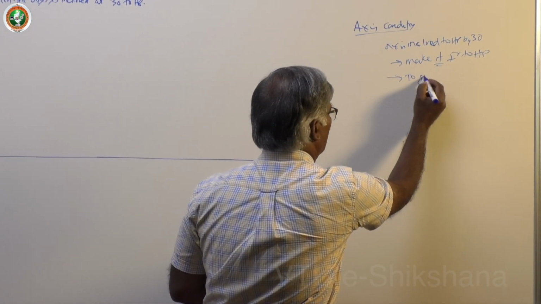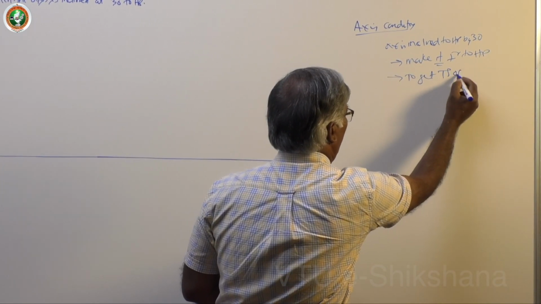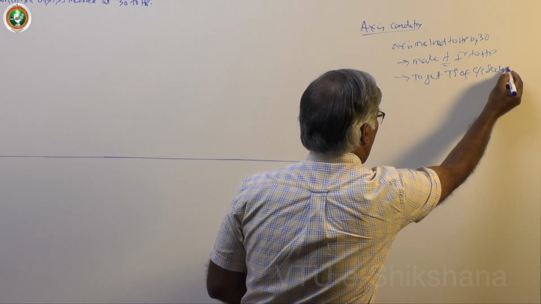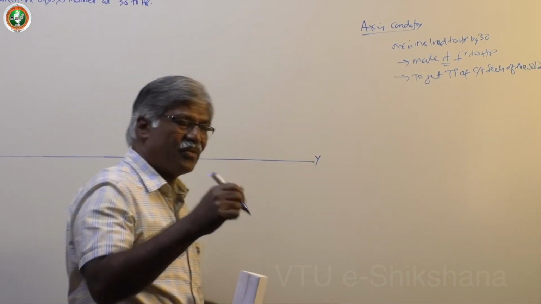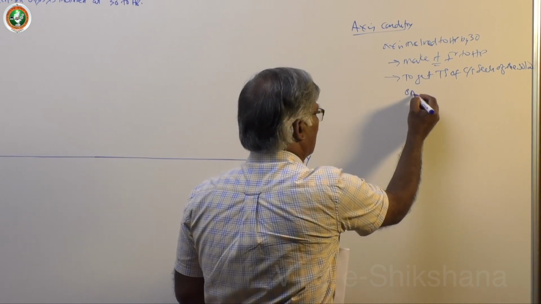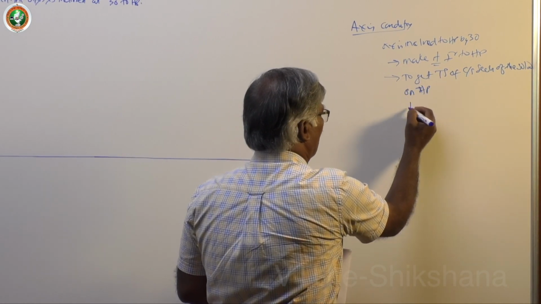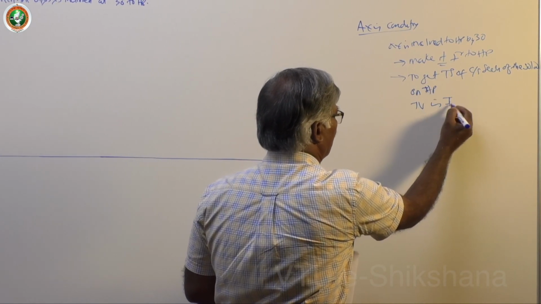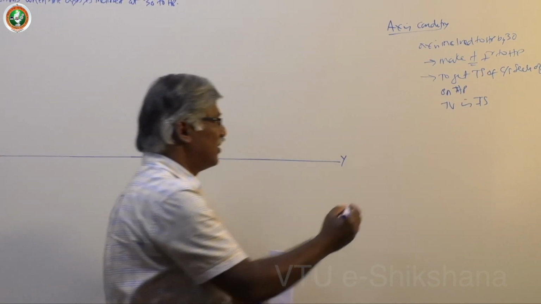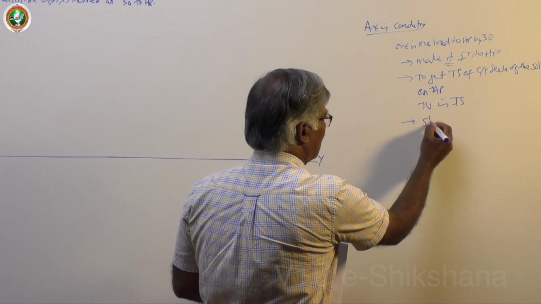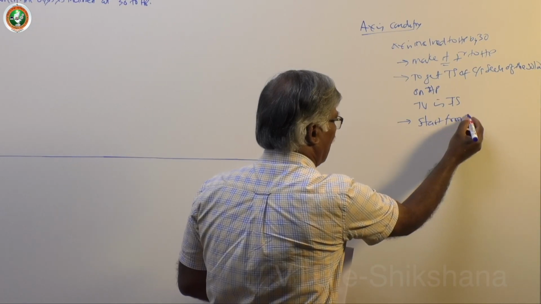To get the true shape of the cross section of the solid on HP. That means the top view is the true shape. So start from the top view. This is how you try to analyze. So start from the top view.